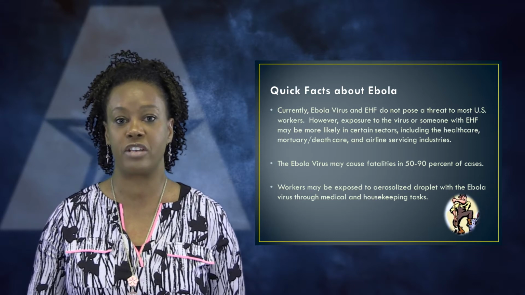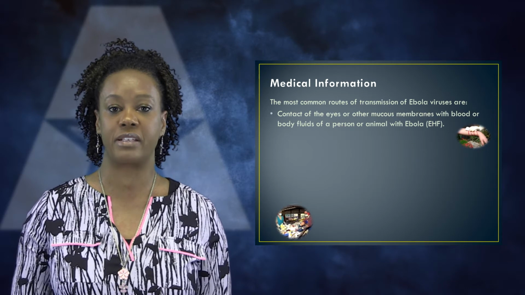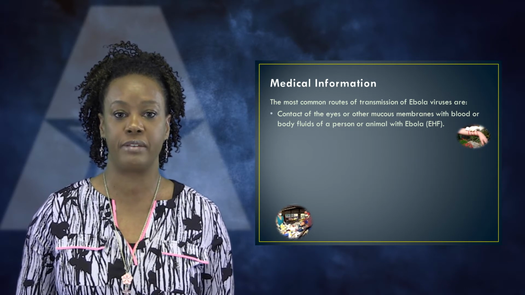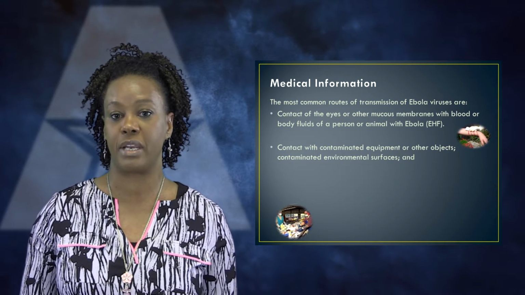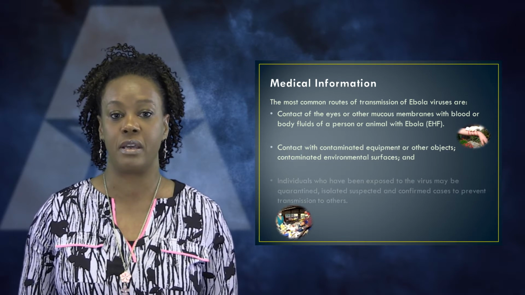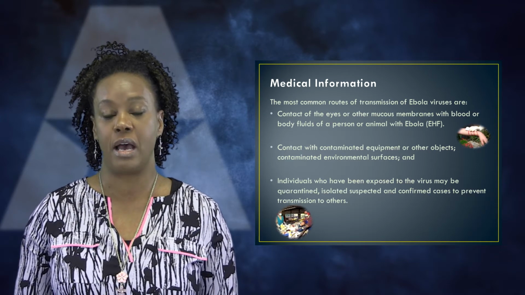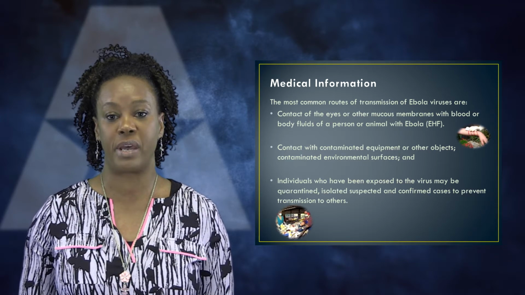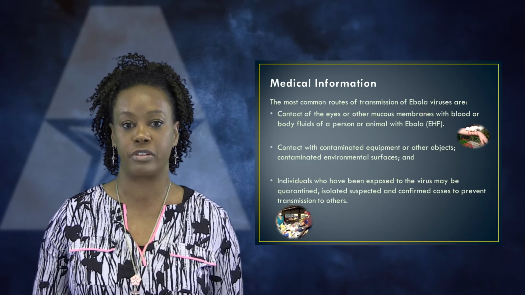Some medical information. The most common routes of transmission of the Ebola virus are contact with the eyes or other mucous membranes, contact with contaminated equipment or other objects, and contaminated environmental surfaces. Individuals who have been exposed to the virus may be quarantined, and those suspected or confirmed cases isolated, to prevent transmission to others.